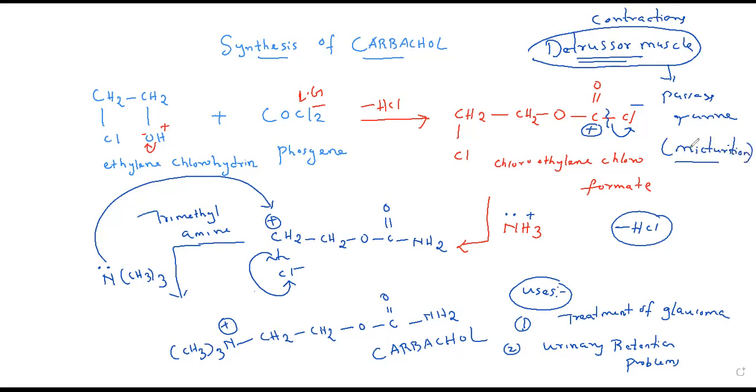Micturition is a process where urine is expelled out from the urinary bladder. So this is what carbachol can do. Carbachol can be used in the treatment of glaucoma, and it is very helpful in the treatment of urinary retention problems by contracting the detrusor muscles in the urinary bladder.